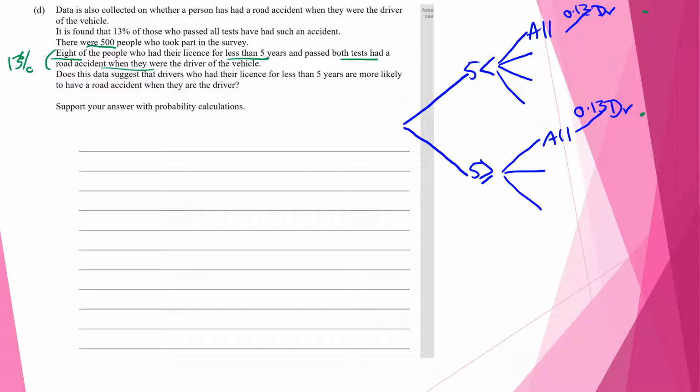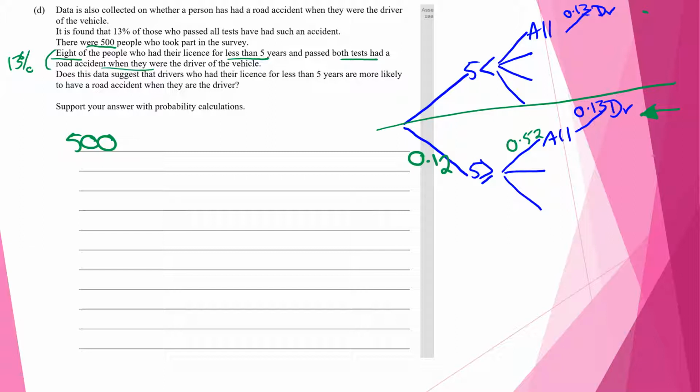So currently we've got our probability. I'm just looking at the bottom half of the tree here, and I've got 0.12 there, 0.52 there, and 0.13. So what we're expecting is for this to be 8. Is that right? Yeah, 8. So going back to this, we had 500 people who took part in the survey in total.